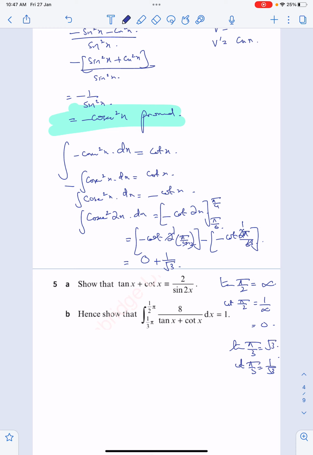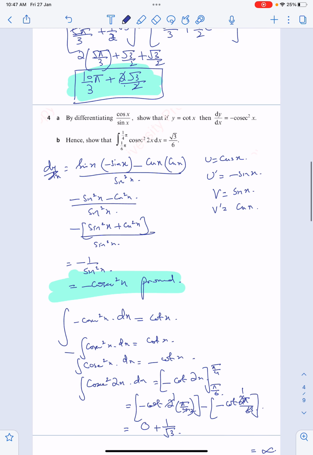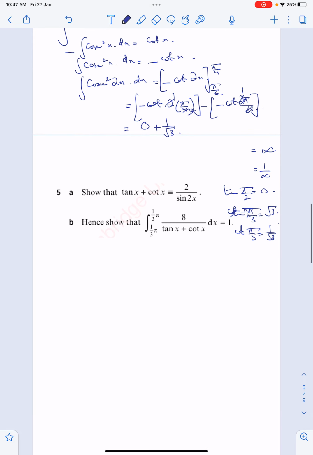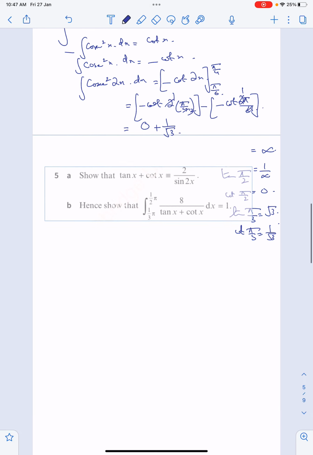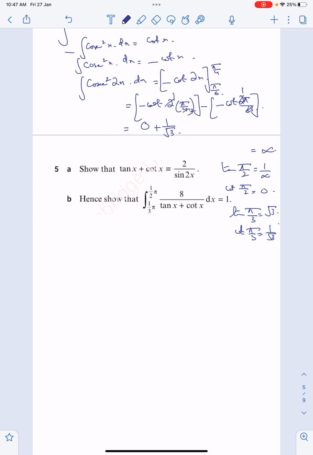You had to prove that it's equal to root 3 upon 6. Just hold on. 1 upon root 3, if I simplify, is 1 upon root 3 multiplied by root 3 upon root 3, which is root 3 upon 3.